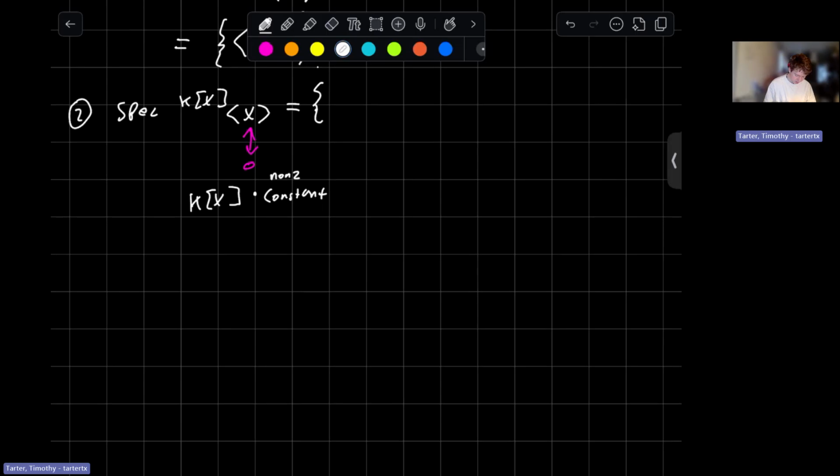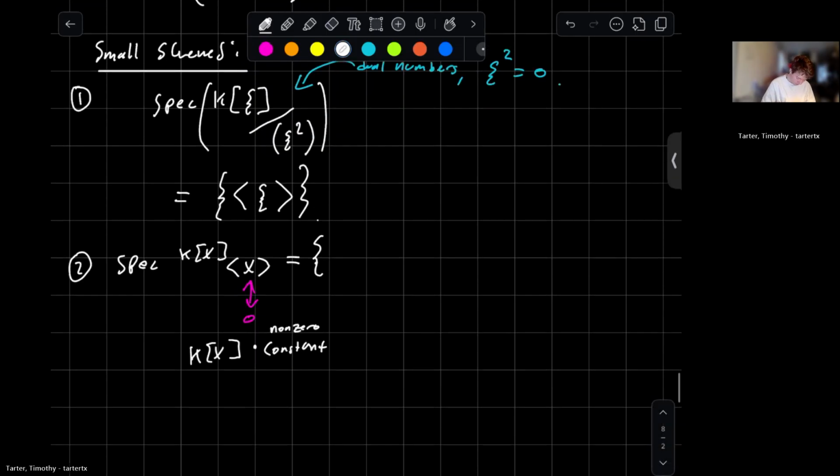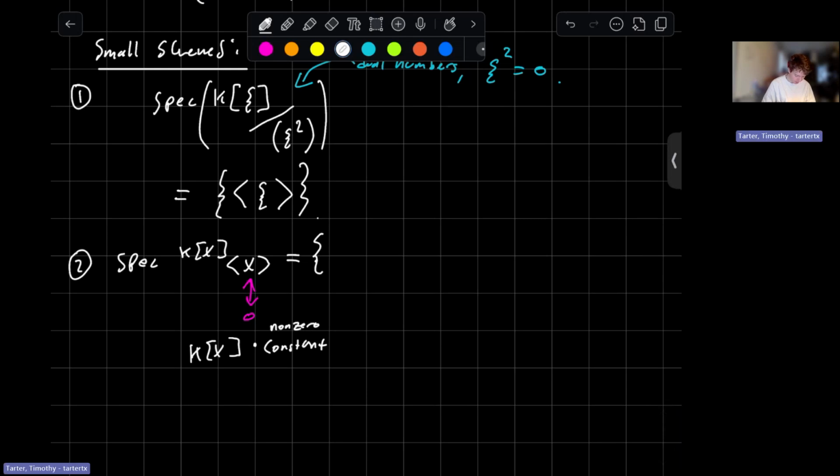And I guess it's a non-zero constant. This is the localization, by the way, and it's times the inverse of a non-zero constant.